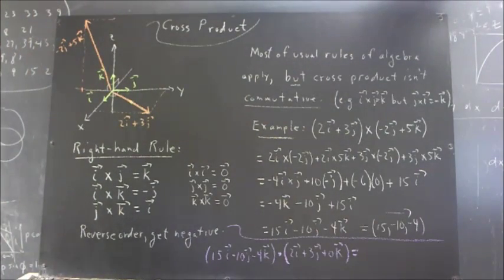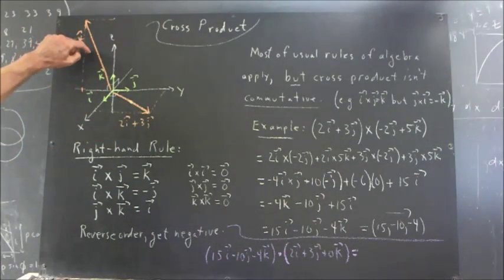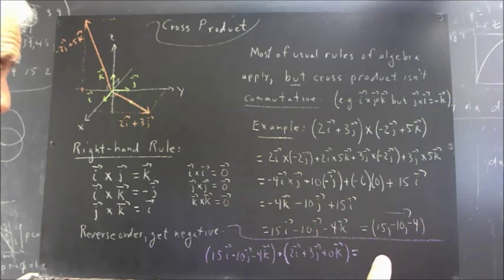Now, it turns out that this vector is going to be perpendicular to both this vector and this vector. To show that it's perpendicular, it's sufficient to show that the dot product of the two vectors is 0. Because the dot product is magnitude times the cosine of the angle between.